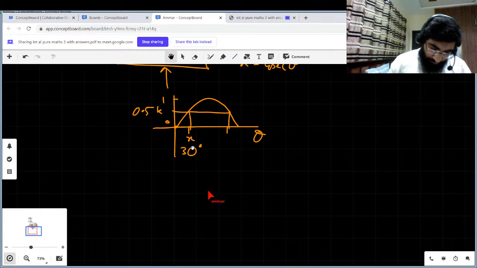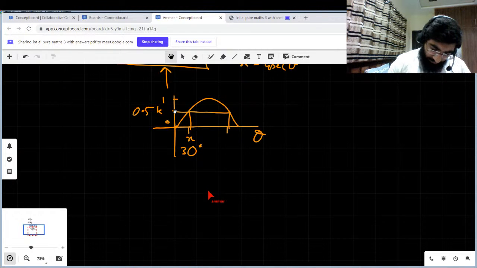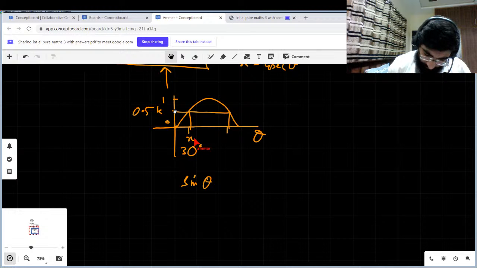Okay, so let's assume I have to give a general function. If I have to find the value of theta, I take sine inverse of y. For example, I know sine theta is equal to 0.5.